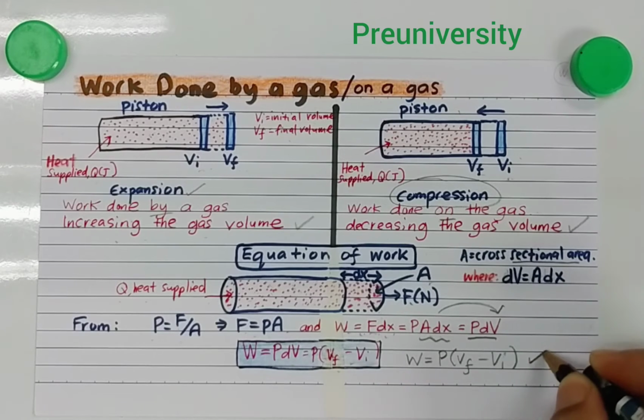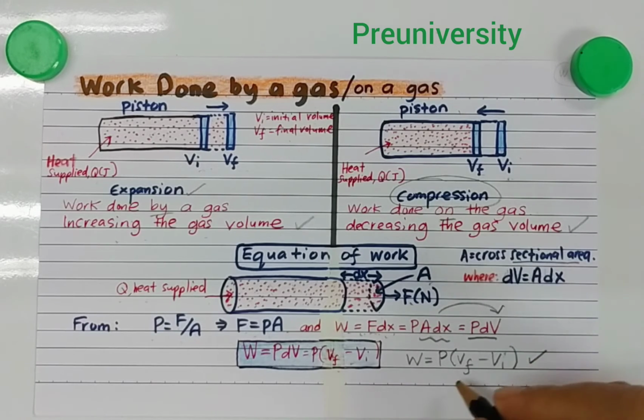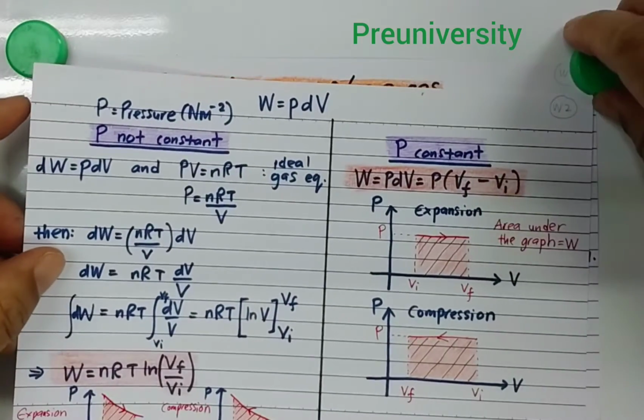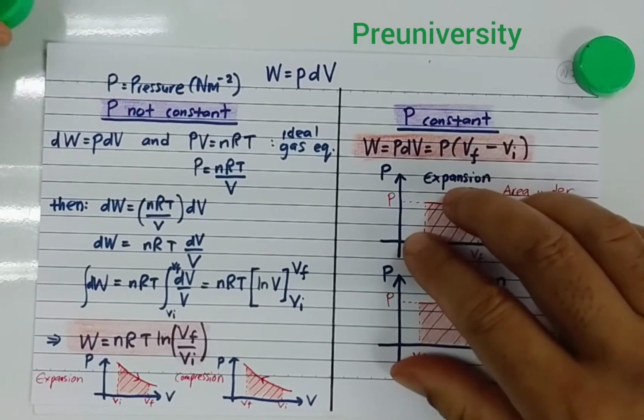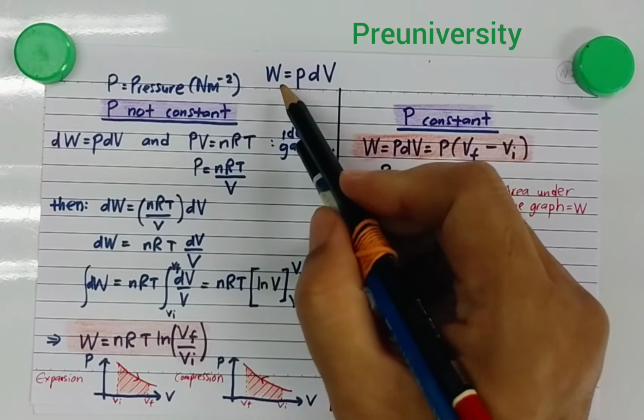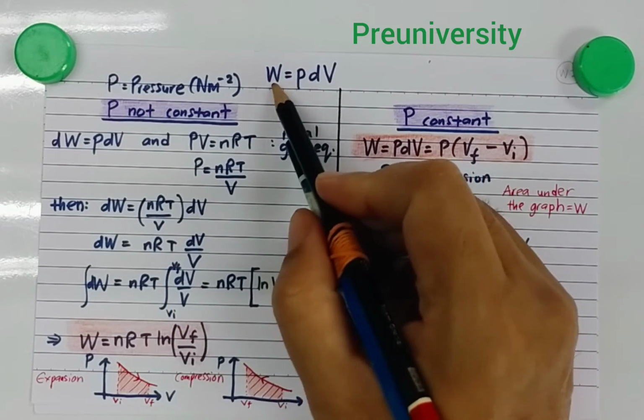This one is the equation for the work by or on the gas. Okay, P is the pressure. So this one is the equation of the work.